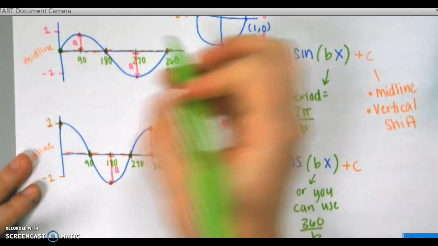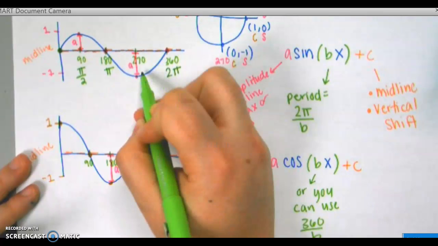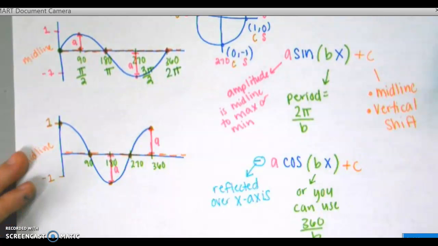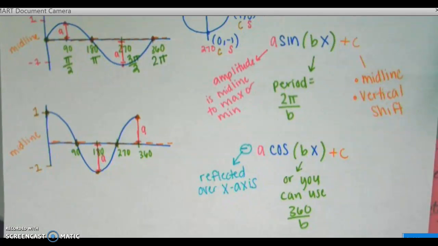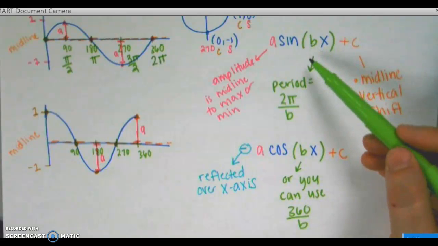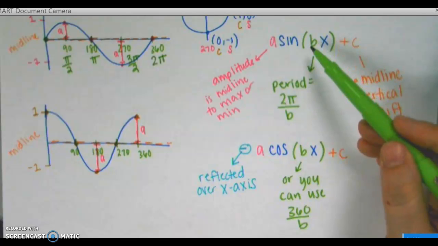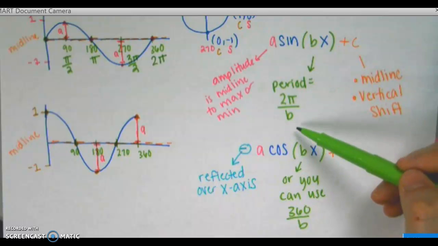So a lot of the times you're going to see the radian numbers along the x-axis, but feel free, you can convert them to degrees if you want to. So the B number that's here helps you find the period. The B number is not equal to anything, but we have to use that number to help us figure out the period.